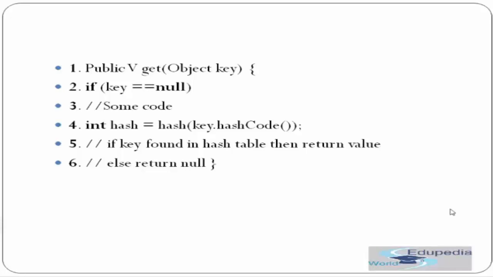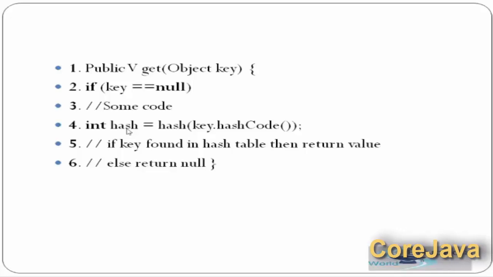Then there is some code, and the important code you want to see is in line 4, where it calls the hashCode method on the key, and the value returned by the hashCode method is passed to the hash function, which is defined in the HashMap class. This hash function returns a value which is stored in int hash. Now, if the key is found in the hash table, we return it, otherwise null.